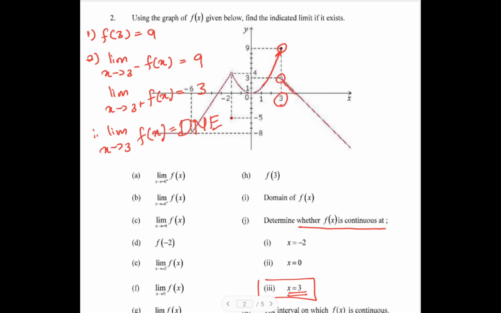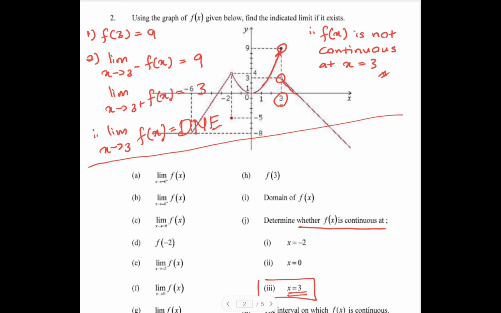Since the limit does not exist, automatically you can conclude that f(x) is not continuous at x equal to 3, since the limit does not exist. Okay, so it does not satisfy the rules of continuity.